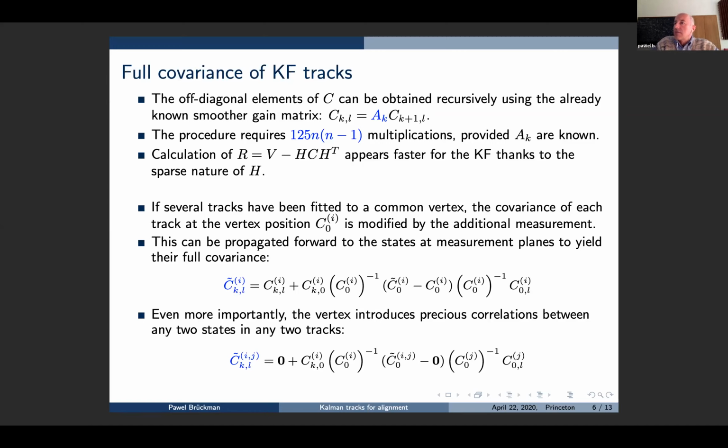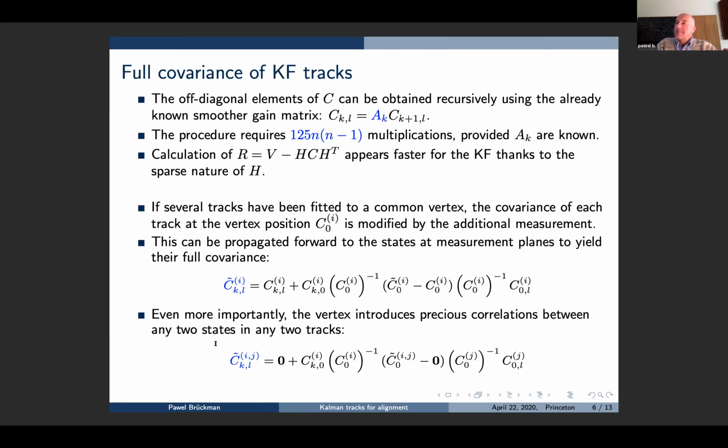And this is given by this expression. It's actually not very complicated. The important thing is this: the difference between the covariance before the vertex fit and after the vertex fit is propagated and added to the original one, or rather subtracted, if we think of it.